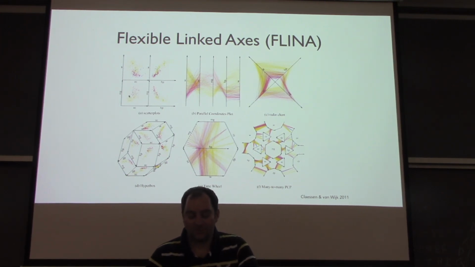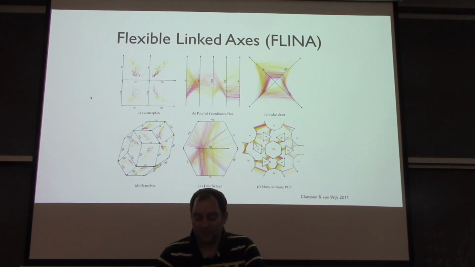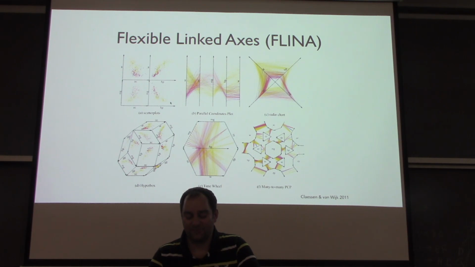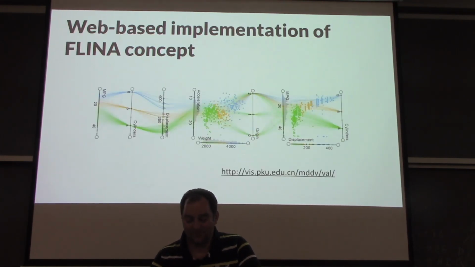And so you can see that just with this simple principle, he replicated a couple of published charts, like this scatter plot matrix, a parallel coordinates plot, a radar chart, or what we just talked about, or something like a hyperbox or the time wheel, which are visualization techniques that have all been published in the past, or even crazy things like this.